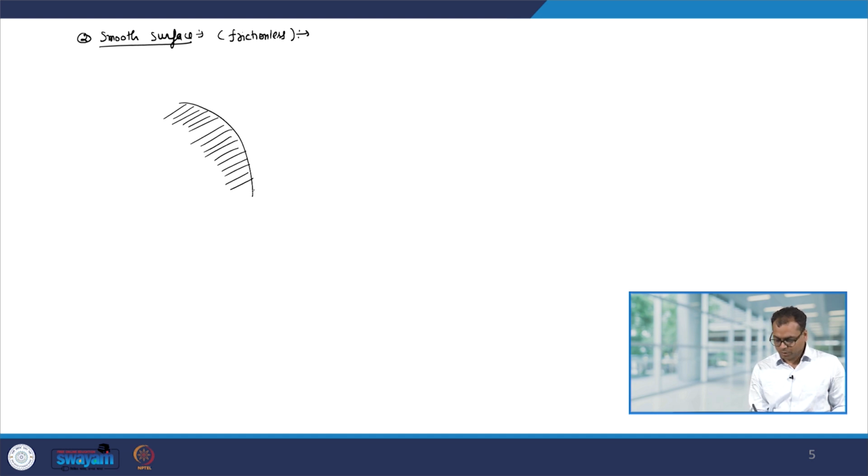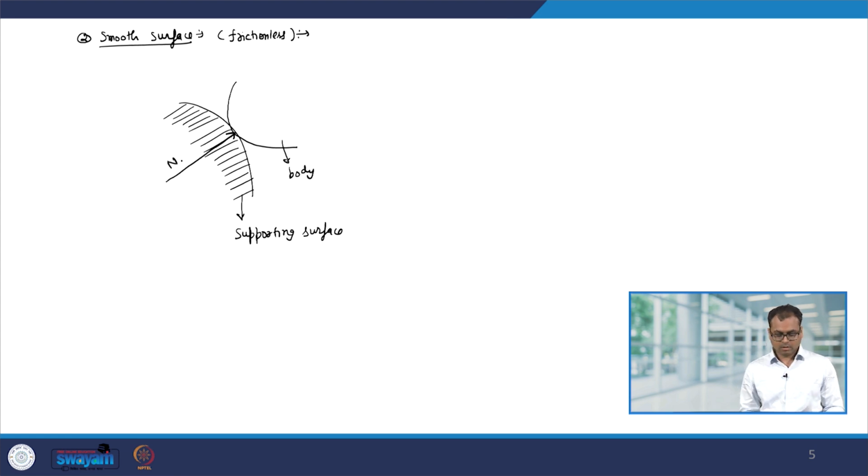So, this is my supporting surface and I have a body. In this case, the force will act normal to the surface. So, the support reaction will be like that.